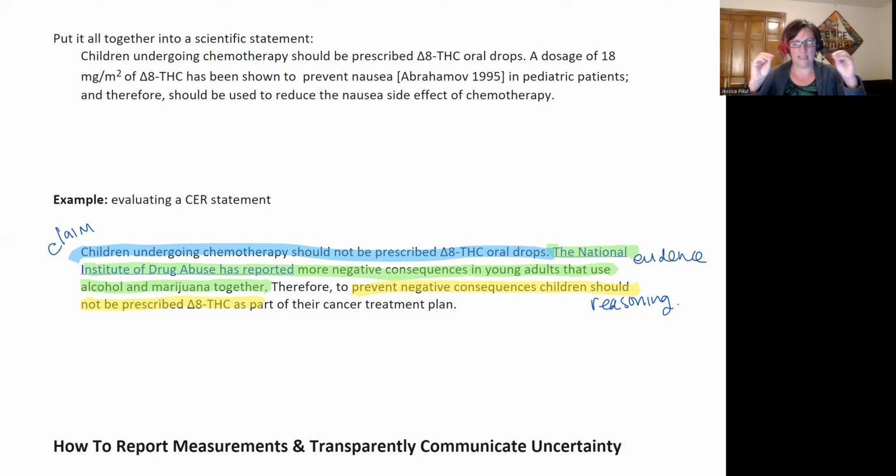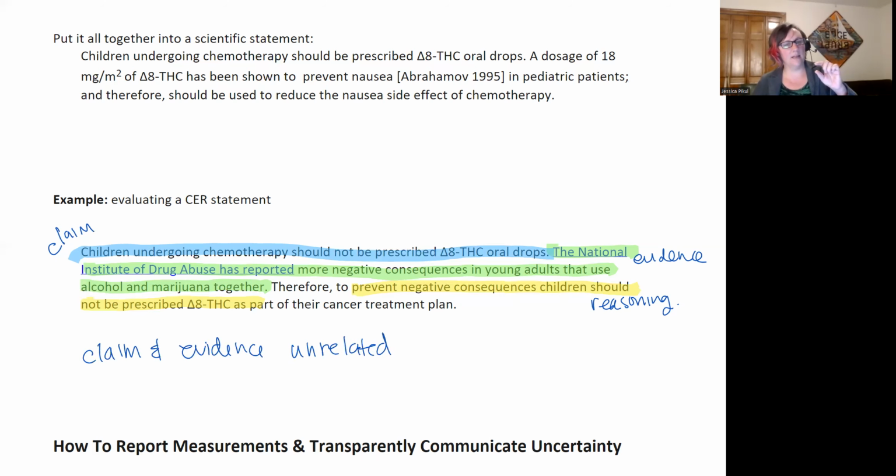It's not the same. And the evidence is linked to an entirely different problem than children vomiting when they are undergoing chemotherapy treatments. And I did this on purpose to be a little bit exaggerated. It's easy to see, at least in this case, that our evidence does not actually support the claim, that they're pretty unrelated.